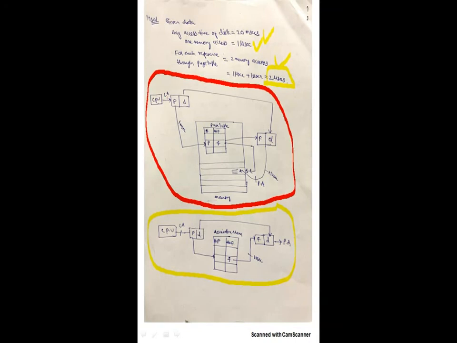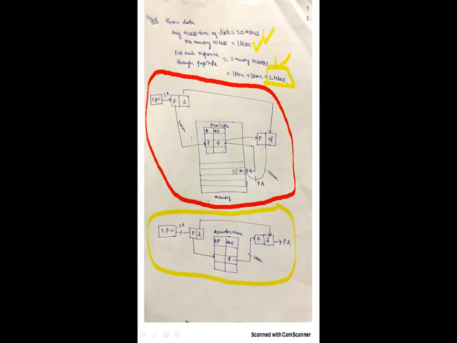The CPU generates the address and the page is not present in associative memory, so it will go and check in the page table. Again, in the page table there are two chances. The present bit may be 1 or it may be 0, right? If the present bit is 1, it means there is a page hit. Now remember, this is called a page hit.